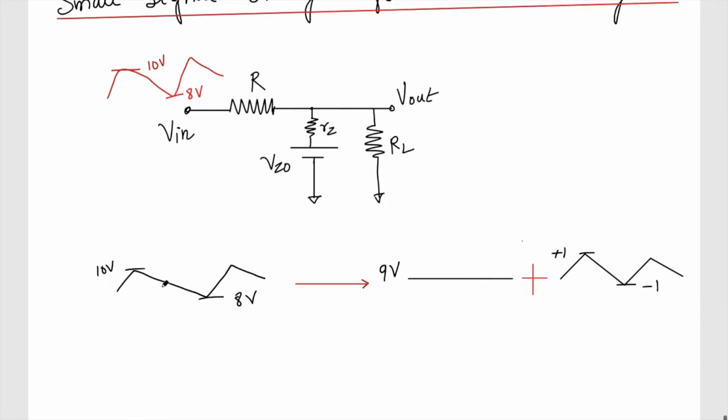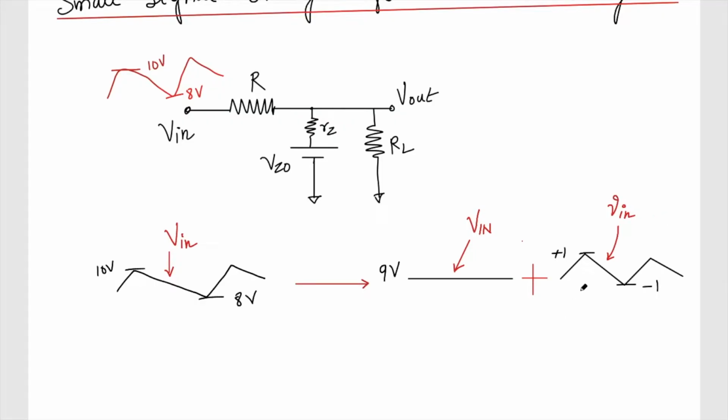So basically this is my input. This is represented by capital V, subscript small i n, and this DC is represented by capital V with the subscript also capital, and this small signal is represented by small letter v, with the subscript also in small letters.